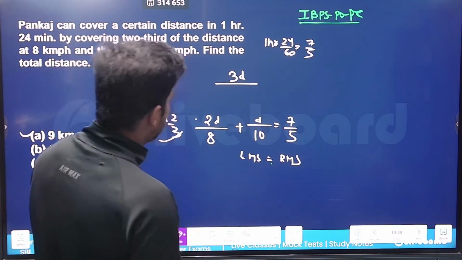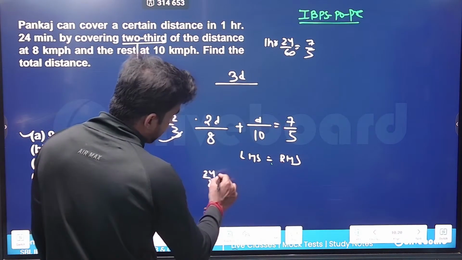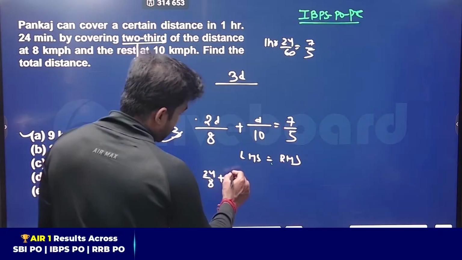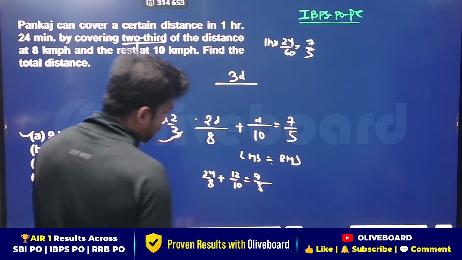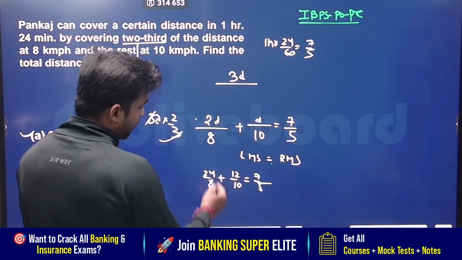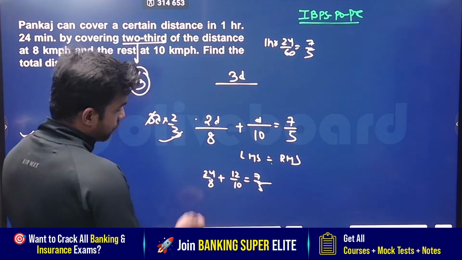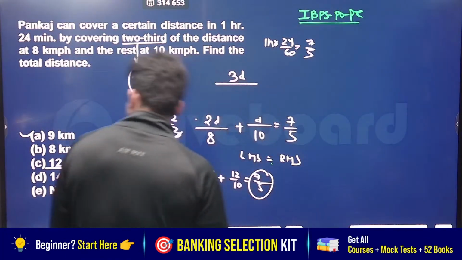If I go for 12, this would become like 24 by 8 plus 12 by 10 is equal to 7 by 5. Is it true? Yes, this is following because this is 6 by 5 and this is 3 by... 6 by 5. Isn't the answer 12? Yes, the answer is 12.